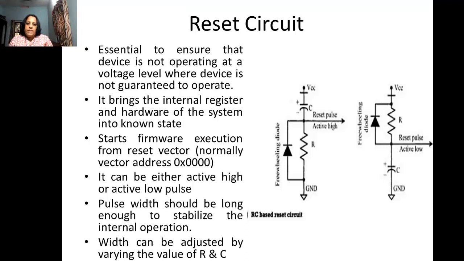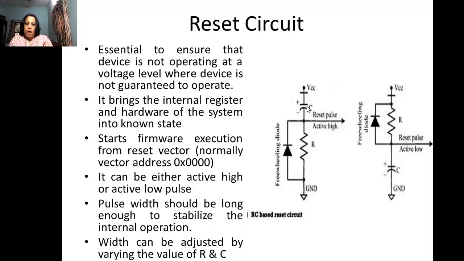The reset circuit can be a built-in circuit in a processing element. A processor or a microcontroller can have a built-in reset circuit, and if it is not present as a built-in circuit, then we can have an external reset circuit. The external reset circuit is generally made up of passive elements in an RC combination.